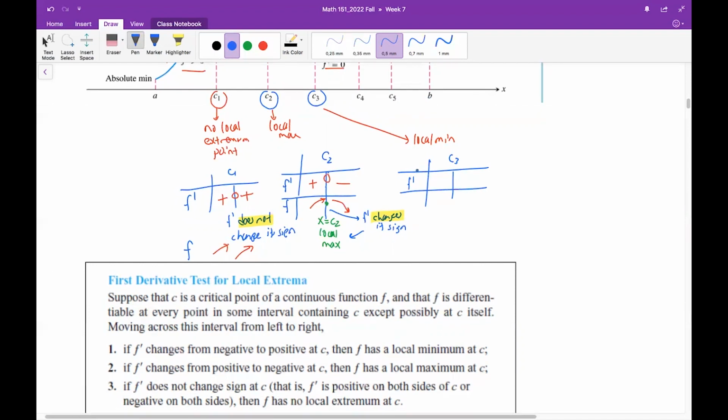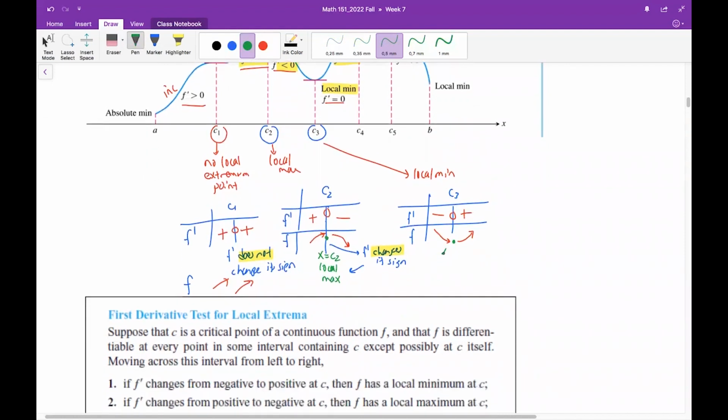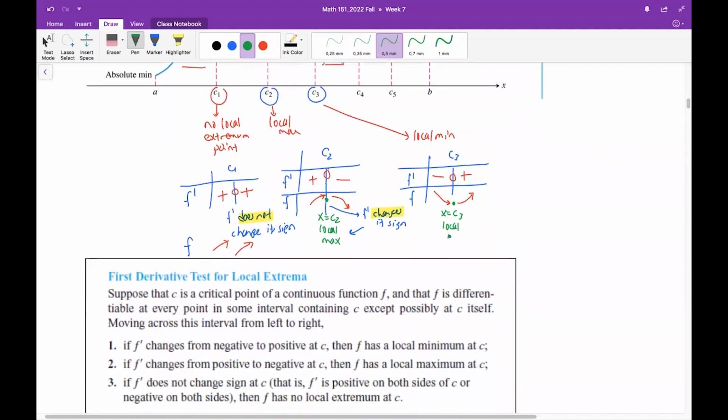Before that, first derivative is negative. After C3, it is positive. At C3, it is 0. First derivative is 0, so this is a critical point. And what happens to your original function? Negative means decreasing, positive means increasing. That's why you will have this kind of behavior there, showing us that C3 point is a local minimum point. And the important thing that I need to emphasize, that at this point, first derivative changes its sign, okay?